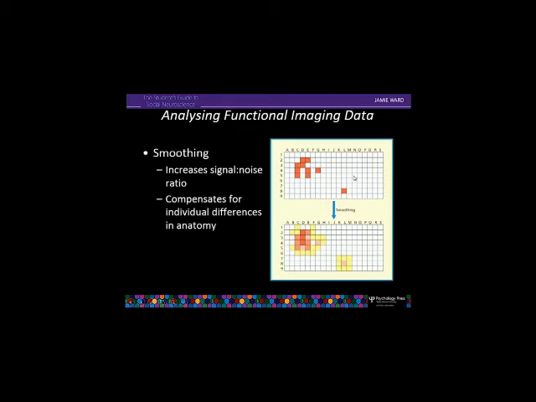The other reason why you smooth is that everybody's brain is anatomically a bit different. So it might be that in my brain, my face area is there, and in your brain, your face area is there. By smoothing, you kind of blur the boundaries between these regions, and it makes it a higher probability of finding that region.